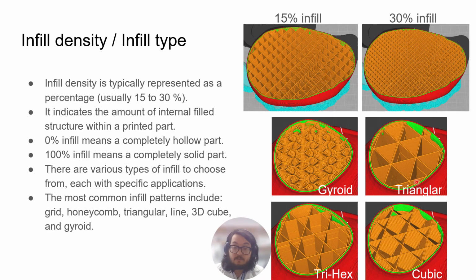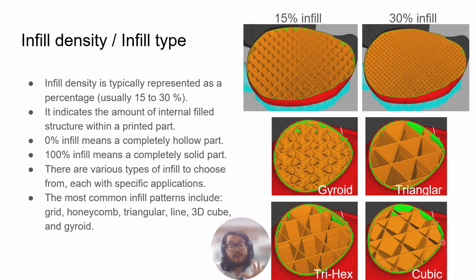We have triangular infills, again, very, very good, very strong. We have 3D infills like this cubic one. It does look like a trihex if you look at it, but it's actually just tilted cubes.